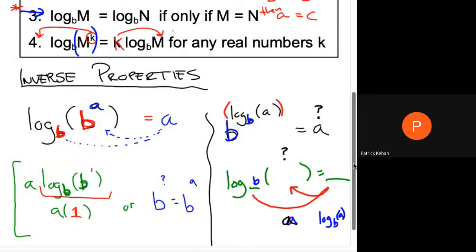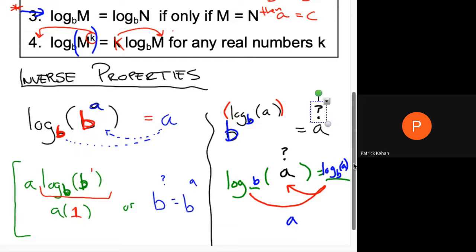So that is going to become log base b of this whole thing, which is all moving up here. And so b to the log base b of a must equal a.